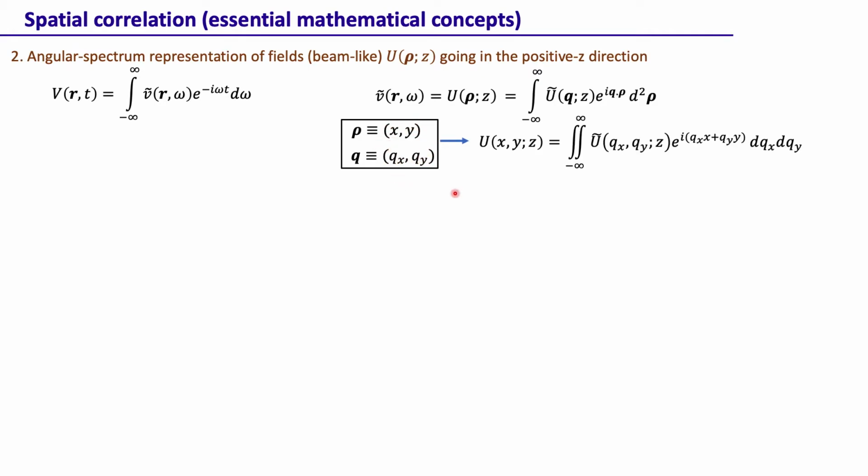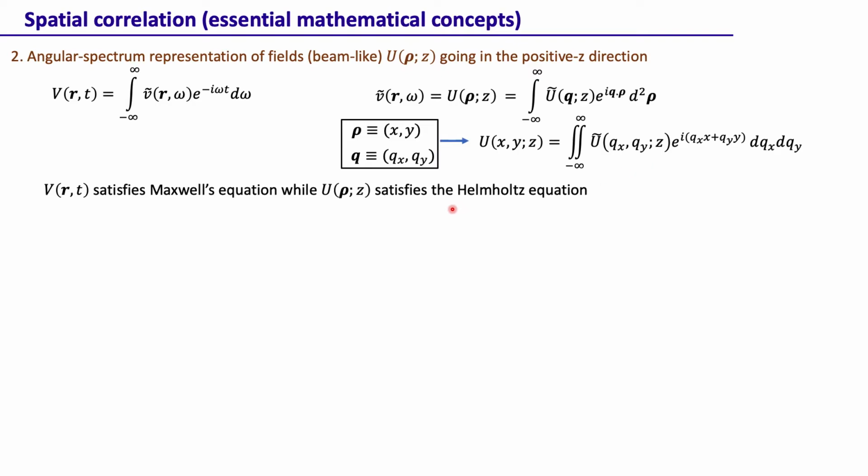Using this Cartesian system, the same equation can be written as u(x, y; z). I'm using a semicolon before z to make sure that for z we are not going to the conjugate basis; only for x, y we take the transform. So then it is u(x, y; z), u tilde (qx, qy; z) remains, and that's the Fourier kernel.